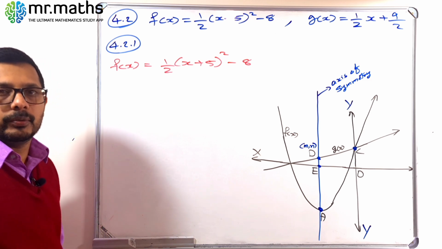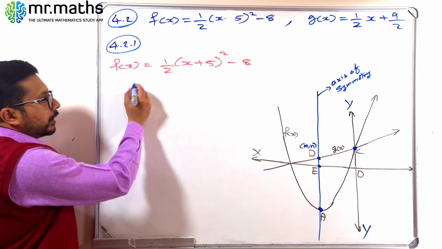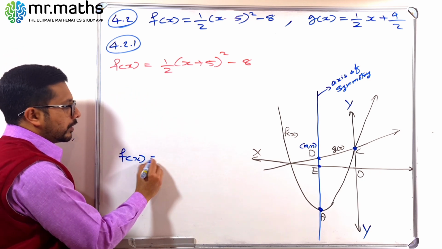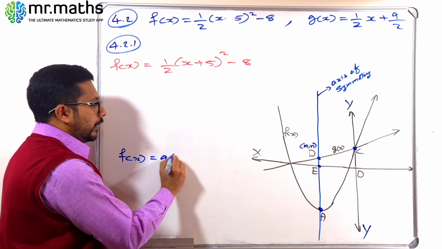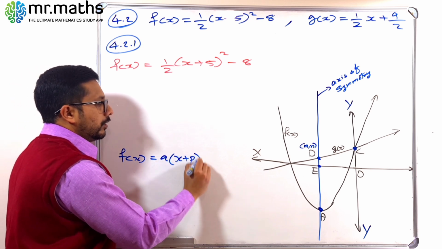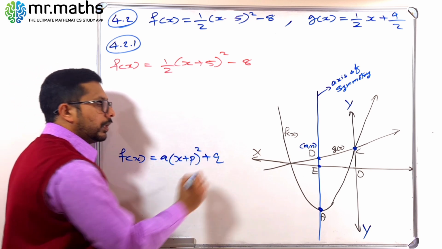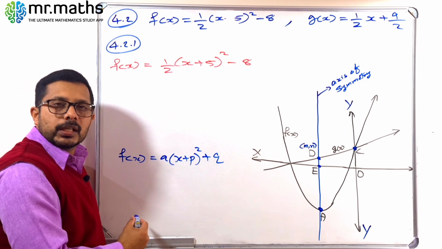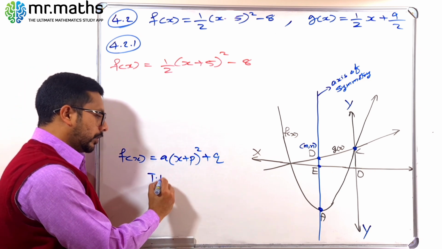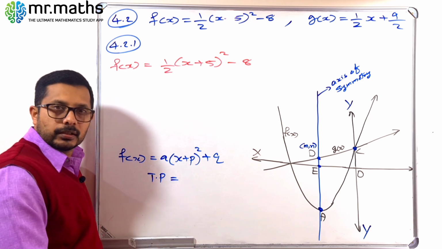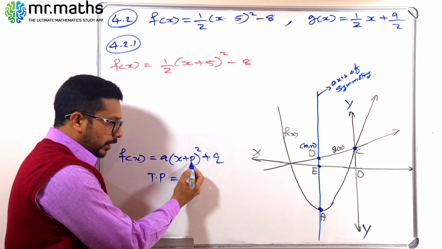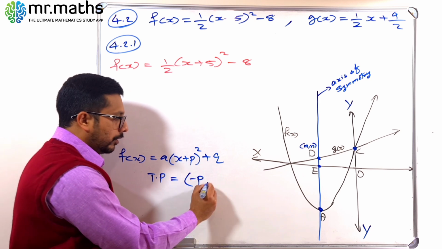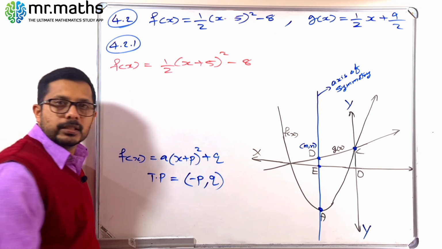You studied in grade 11 that if a quadratic equation is given like f of x equals a into x plus p the whole square plus q, then the turning point is, here it is plus p, so you write minus p comma q.